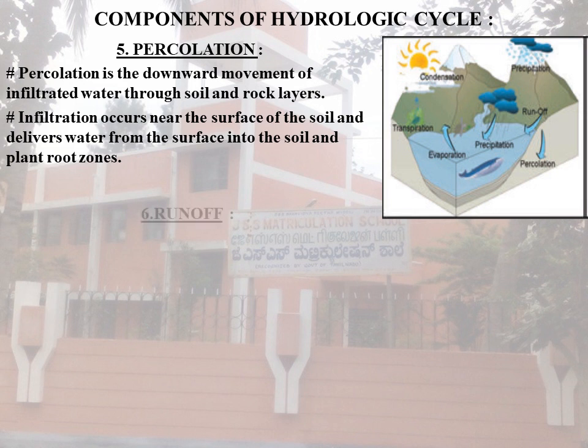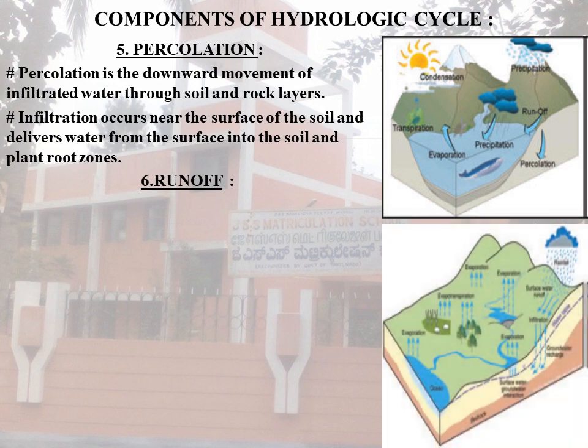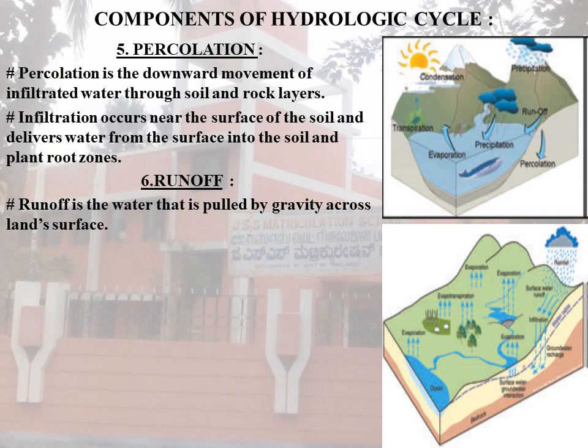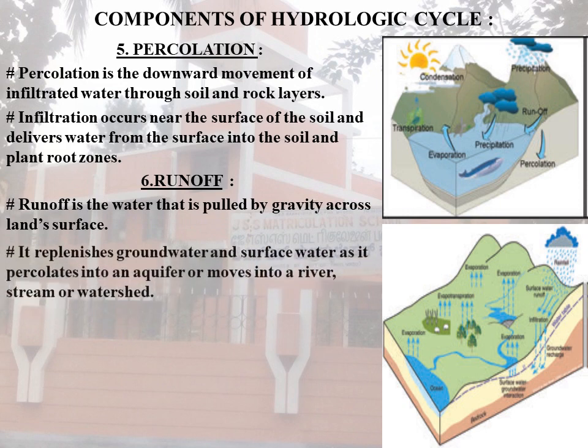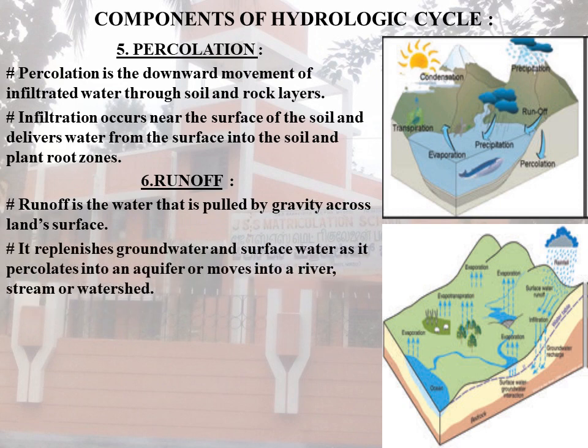The next point is runoff. Runoff is the water that is pulled by gravity across the land surface. It replaces groundwater and surface water as it percolates into the aquifer or moves into a river, stream or water sea.